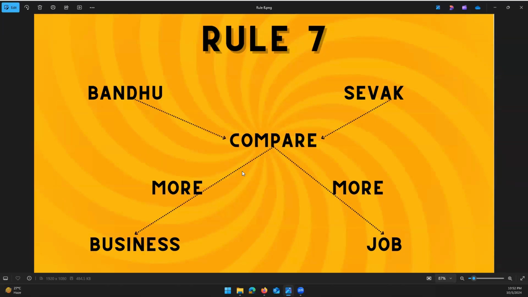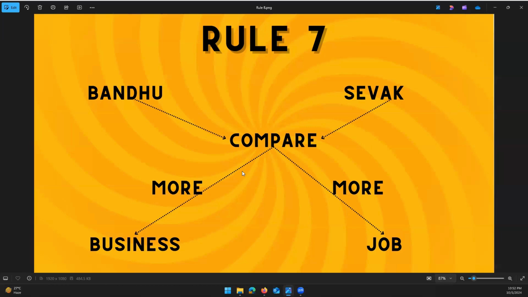Similarly, between Bandhu and Sevak also there is a rule. So if Bandhu group has more points, which means you have more support from others, that means you will be able to independently find the sources of income. You'll be able to gain income through independent means.